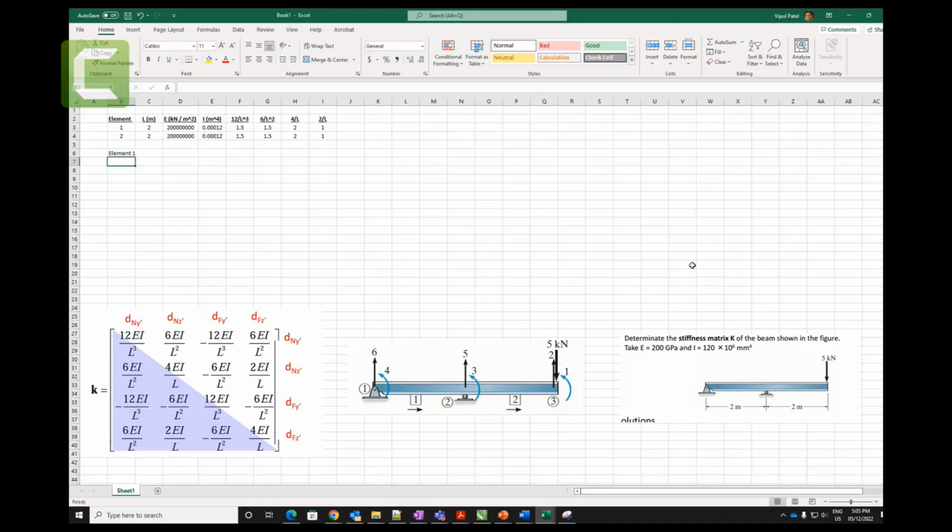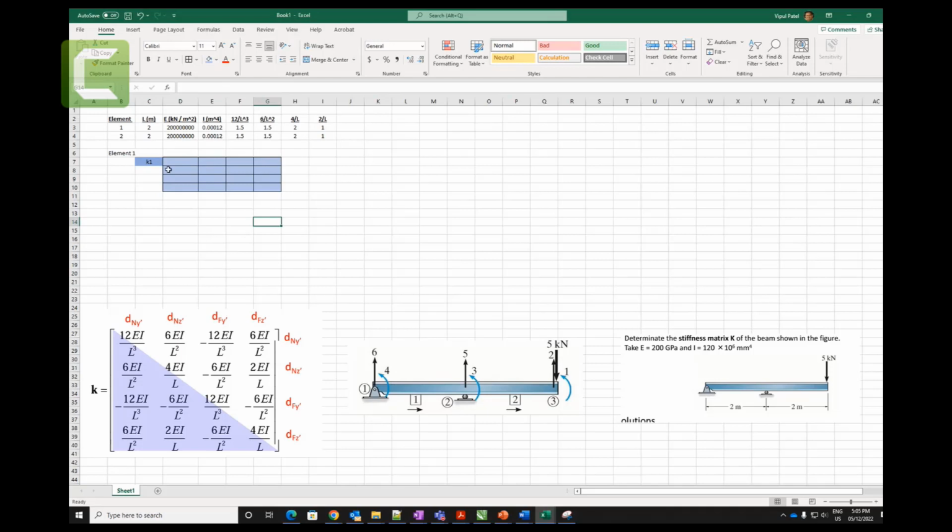So element number 1, let's put the detail. Let's give it the name K1, like we did here. Let's give it a dark color here, and then a 4 by 4 matrix with 1 2 3 4 headers, some color here, and let's put all borders.